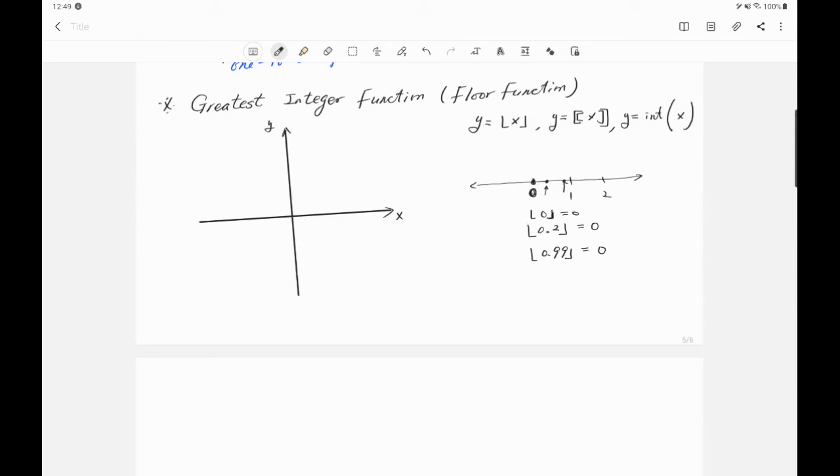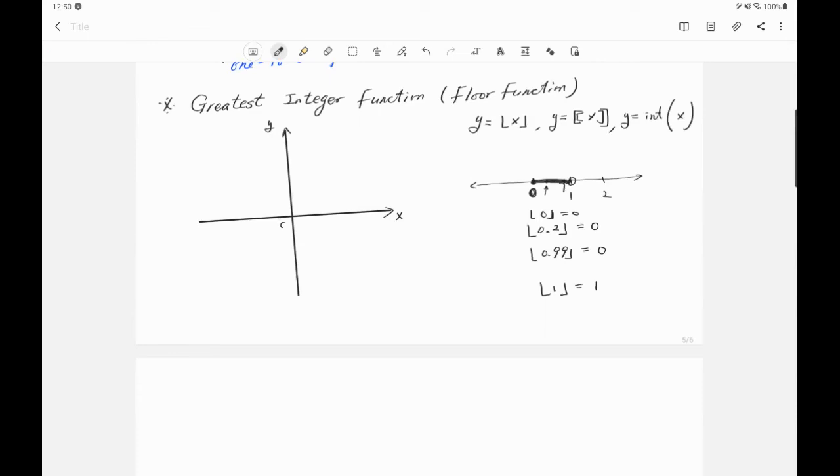So 0 point something is always 0. Can you see it? And if it is 1, then 1 is an integer. So if x equals 1, then the y value will be 1, right? Something like this.